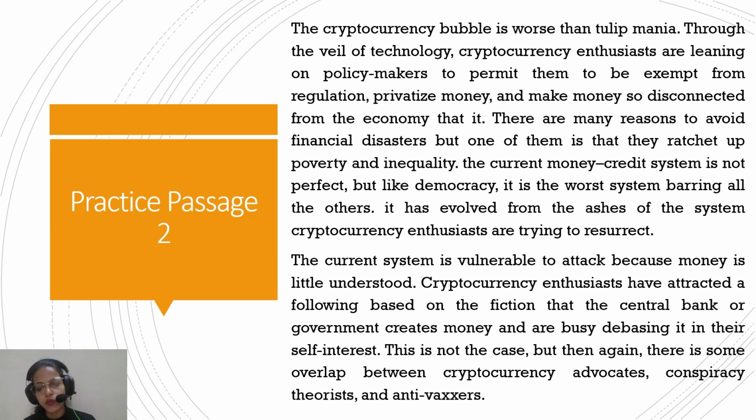The current system is vulnerable to attack because money is little understood. Cryptocurrency enthusiasts have attracted a following based on the fiction that the central bank or government creates money and is busy debasing it in their self interest. This is not the case, but then again, there is some overlap between cryptocurrency advocates, conspiracy theorists, and anti-vaxxers.